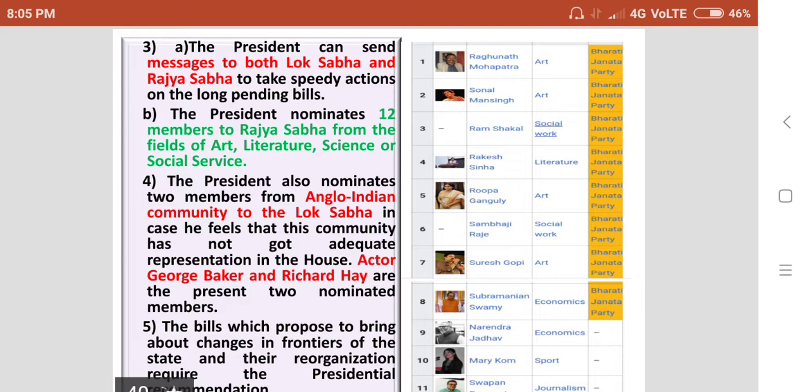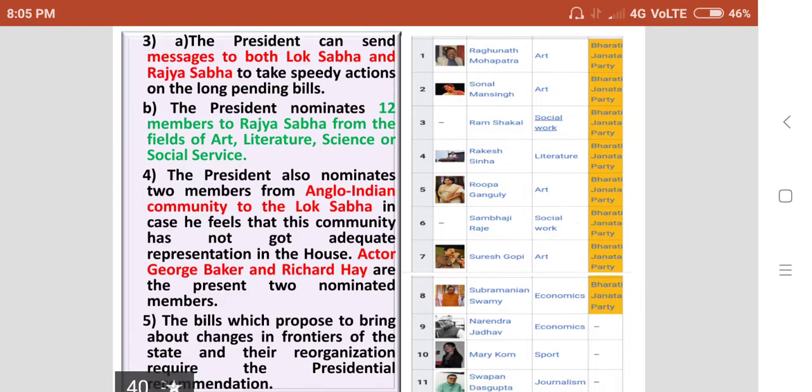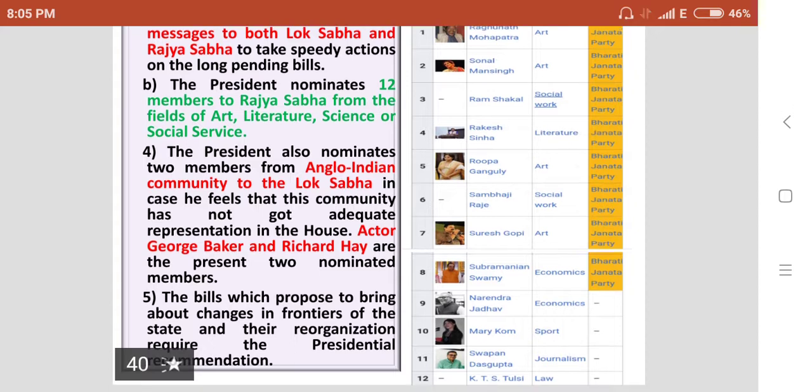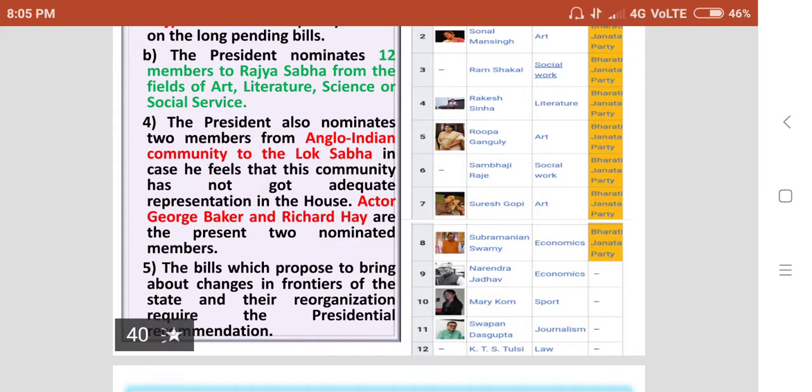from the field of art, then Sambhaji Raje from the field of social work, then Suresh Gopi, who is a Malayalam film actor, so he is representing as the member of the Rajya Sabha from the field of art, Subramanian Swamy from the field of economics, Narendra Jadhav from the field of economics, Mary Kom, who is the women boxer of India representing the field of sports, and Swapan Dasgupta from the field of journalism, then KTS Tulsi from the field of law.